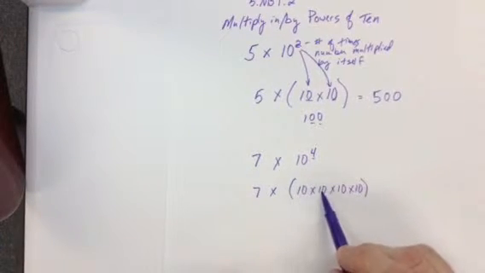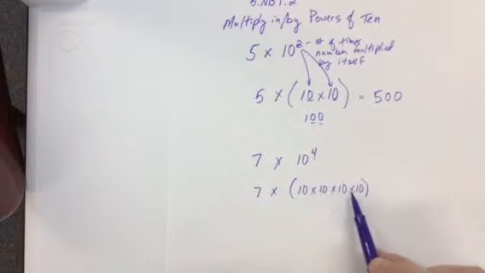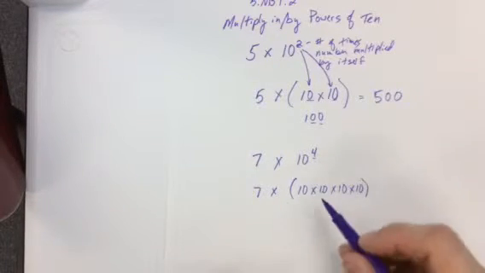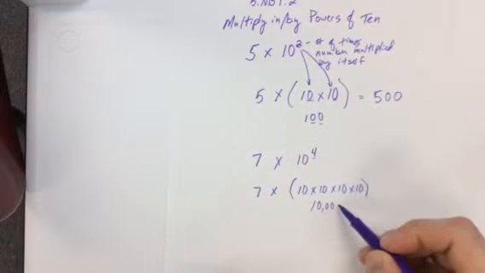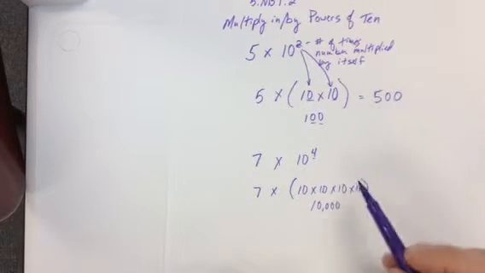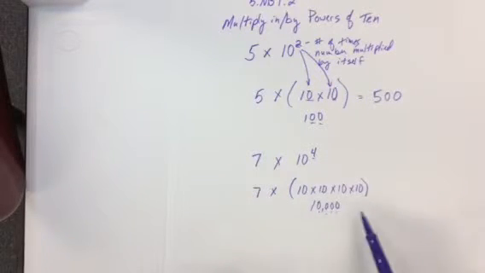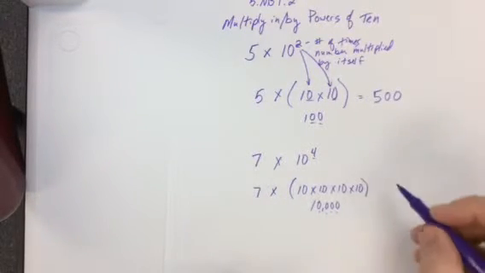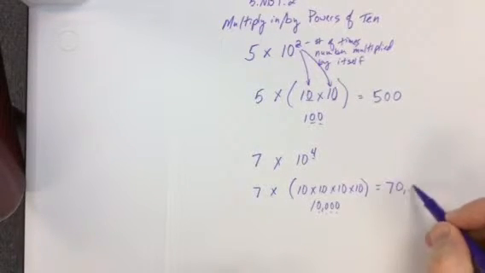So 10 times 10 is 100, 10 100s is 1,000, and 10 1,000s is 10,000. And again, if you look at the exponent, this is the same as the number of zeros in the number again. So 7 times 10,000 is 70,000.